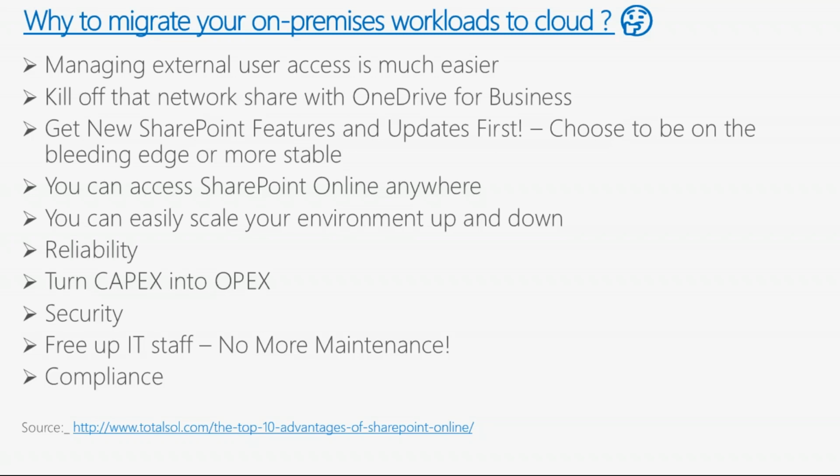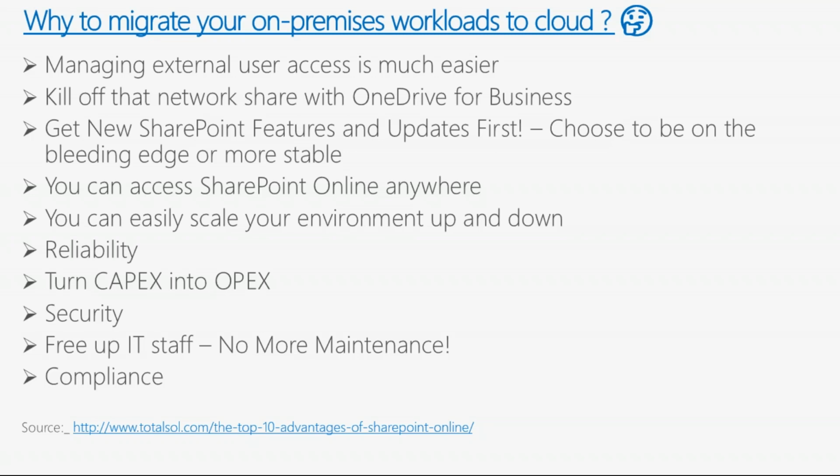Get new SharePoint features and updates first. Choose to be on the bleeding edge or more stable. This is really the key, because as long as you're on SharePoint on premises, the new features which Microsoft rolls out won't reach you as fast as they reach SharePoint Online, because SharePoint Online is run on Microsoft's infrastructure. All the source code and everything, Microsoft does it, and they deliver it through different channels.